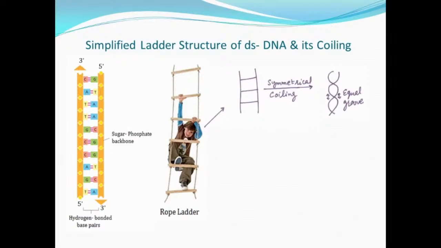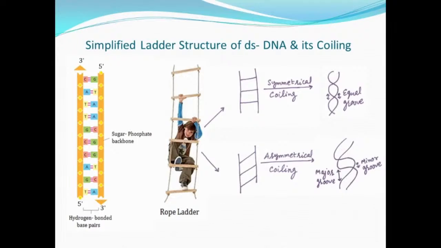But if the rope ladder gets tilted a bit during twisting, then it will result in an asymmetrical coiling with grooves of unequal size on its sides. Likewise, the DNA duplex gets tilted in the same way during coiling, due to which we observe major and minor grooves in its structure.